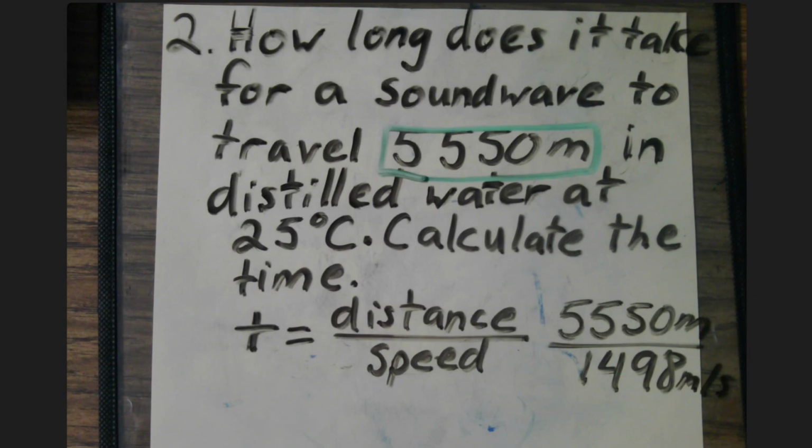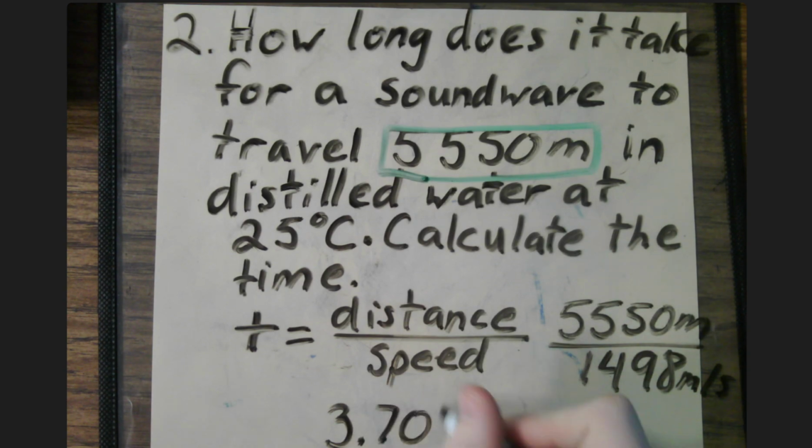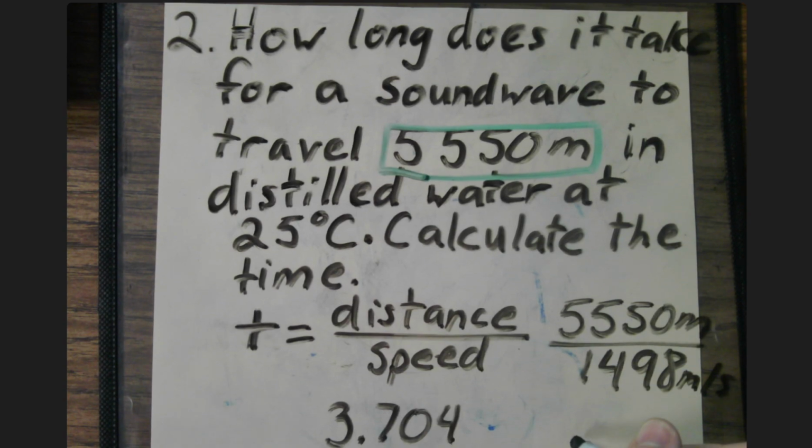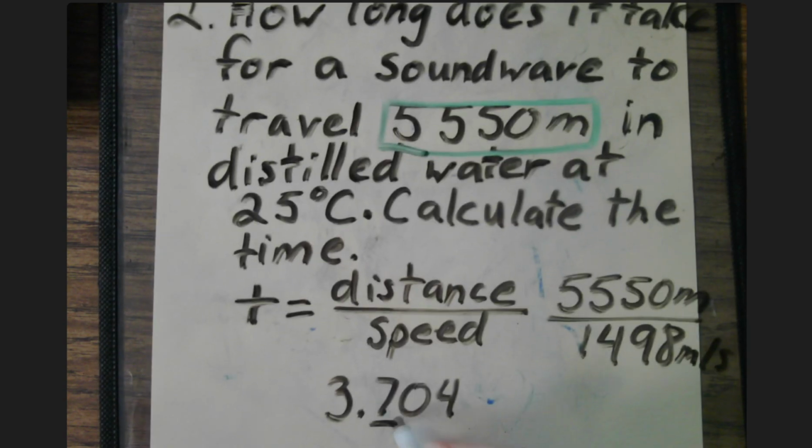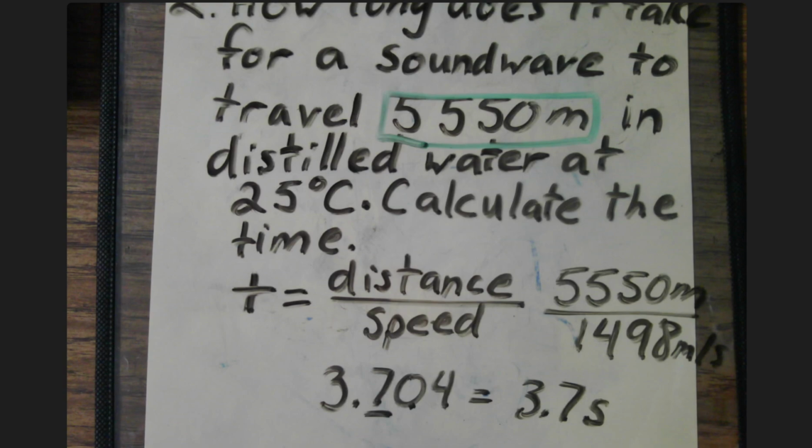So when we divide those two up, we're going to get 3.704 and a longer number. But we're going to round it to the nearest tenths. Since this number is less than 5, we're going to keep it the same. So our answer will be 3.7 seconds, and we must have our units.